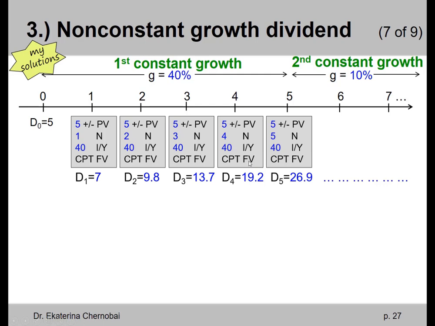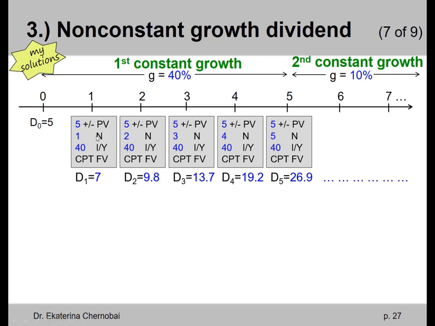I've brought up all calculations already. Notice that I'm using exactly the same approach to find those other dividends. I'm using the most recently paid $5 dividend as PV for all dividends. I'm using the 40% growth rate throughout as my I/Y.